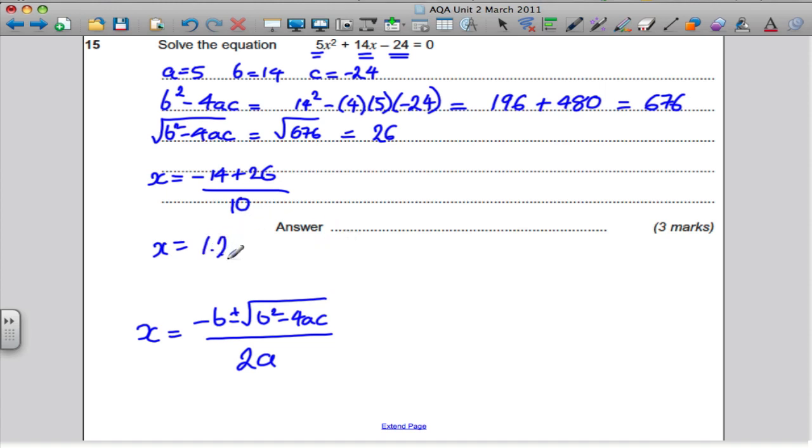So x is 1.2 on the one hand, and on the other hand, we would get x is equal to minus b minus 26 over 10, minus 14 minus 26 over 10, that would give me minus 40 over 10, which is x is minus 4. So the two answers are x equals 1.2 and x is equal to negative 4.